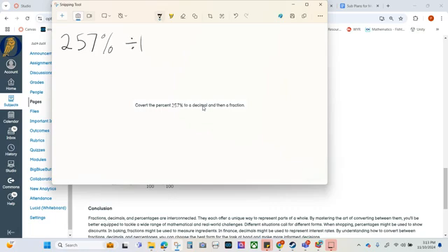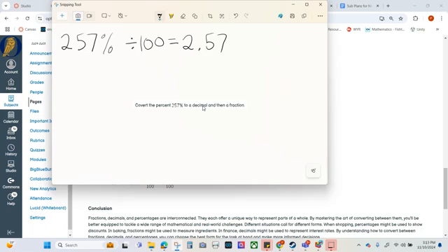We will divide by 100. What is 257 divided by 100? What's 257 divided by 100? Yeah. Nice. That was so loud in your brains. I could totally hear you thinking 2.57.